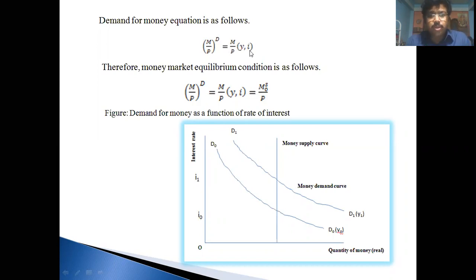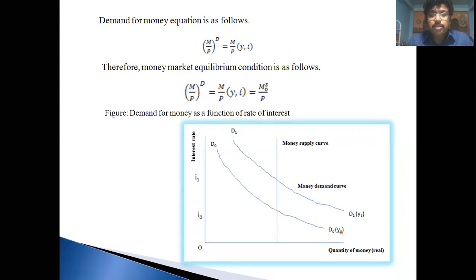Now the demand for money is positively related with the real income, but it is inversely related with the rate of interest. In the IS-LM model, there are two assets. One is money, another is bond. One earns interest and another earns nothing. Money earns nothing, but bond earns interest.